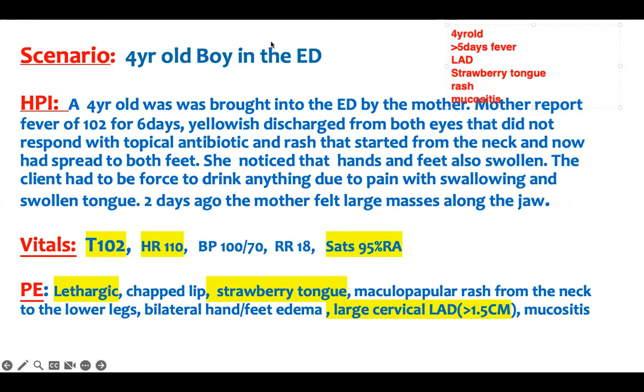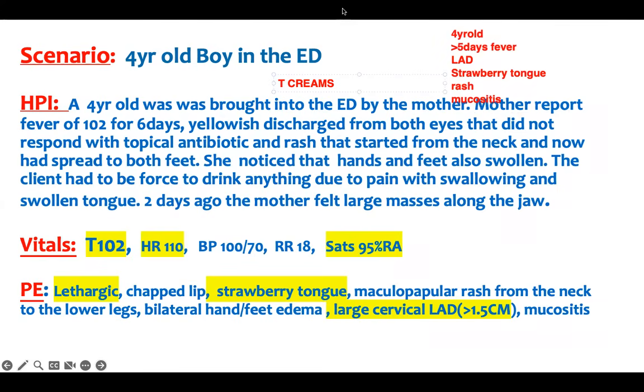This is what I call, if you watch my videos, the T cream. T cream. T is the temperature, 102. C is the conjunctivitis, which the mommy described in both eyes, right? R is the rash, and E is the edema.